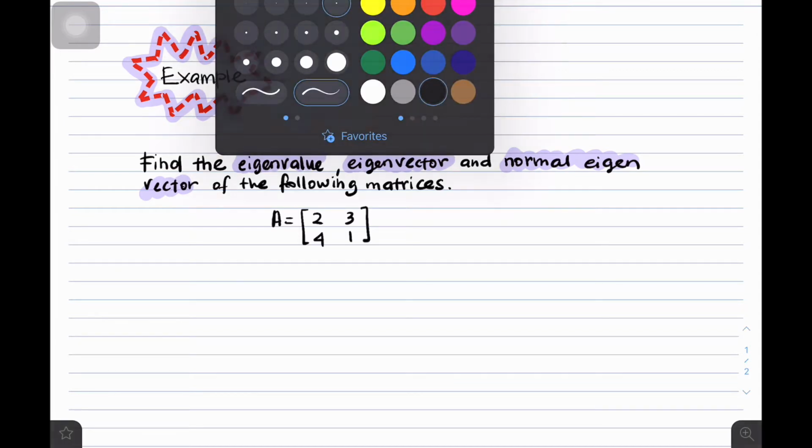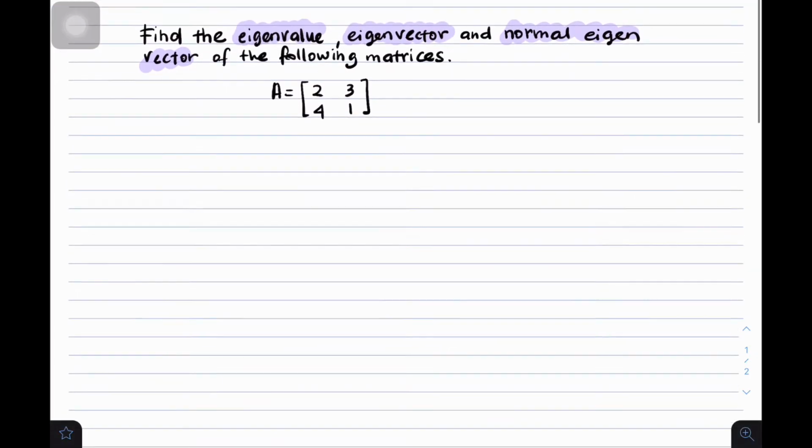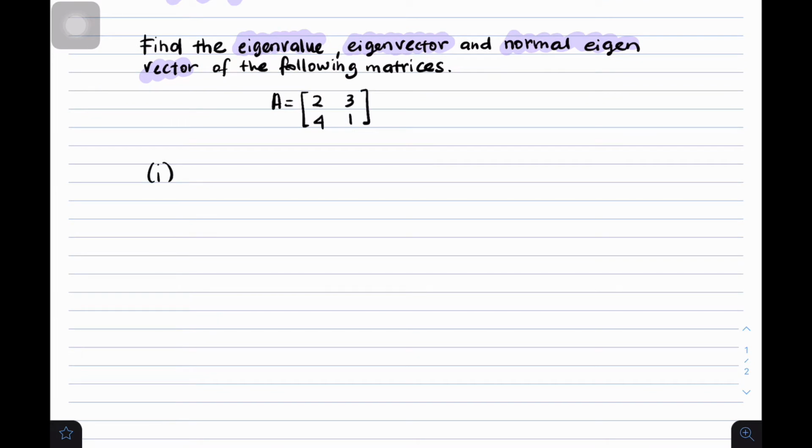We have learned before that the first step to find eigenvalue is to compute A minus lambda I, where lambda will be your eigenvalues later. Lambda I is lambda multiplied by the identity matrix. So for a 2 times 2 matrix, you will have lambda I equal to lambda 0, 0, lambda.